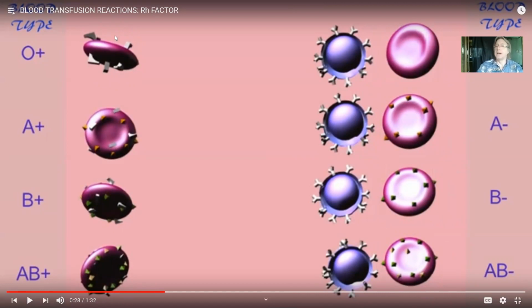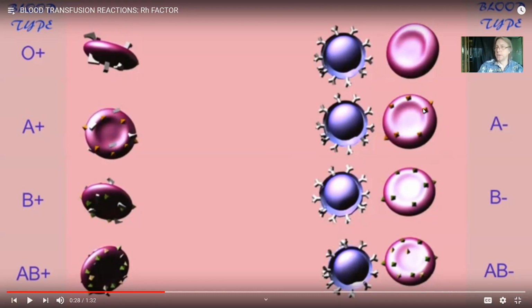So the positive people do not make antibodies which will attack Rh, because all of the positive people have the white Rh factor. None of these positive people want to make antibodies which attack Rh, because they'll attack themselves. So if you're positive, you don't make antibodies against the Rh factor. That would attack yourself.